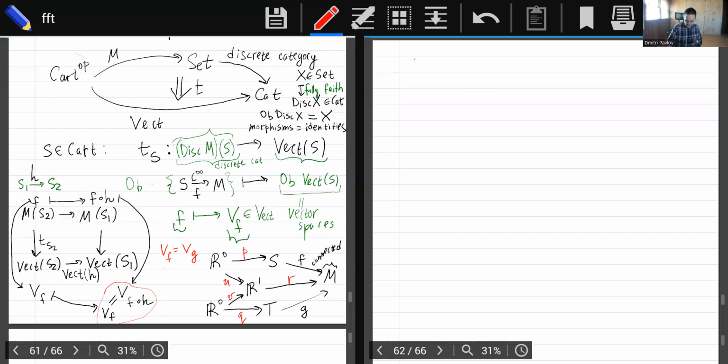On this side, I can say VF equals VF composed with P, which is equal to V. So PF equals UR, so U composed with R, which is equal to VR.